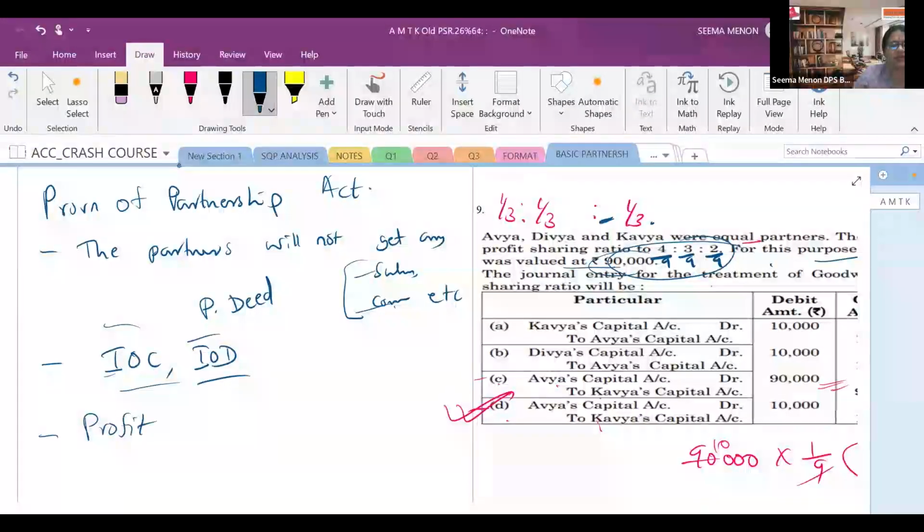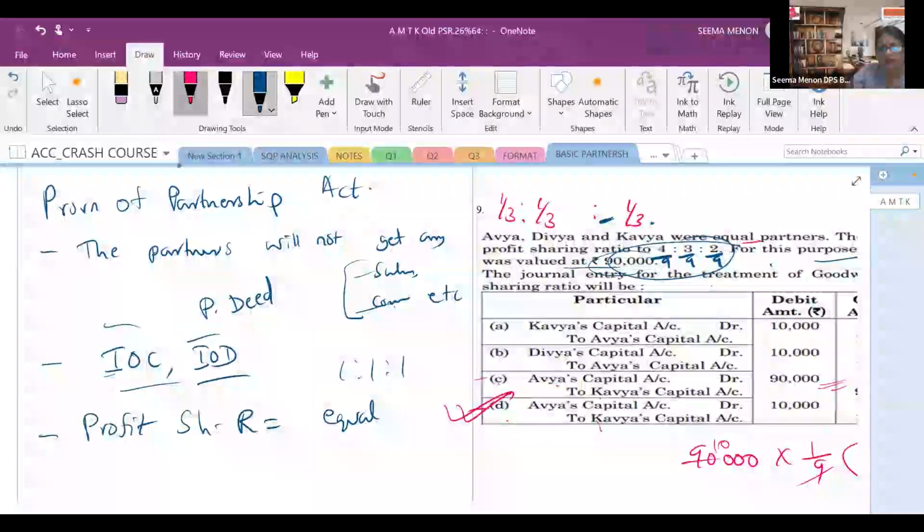If nothing is mentioned in the question or the deed, the profit sharing ratio will always be equal. 3 partners, 1:1:1. That means 1/3, 1/3, and 1/3. 5 partners, that is 1:1:1:1:1. That is 1/5, 1/5 each. It will be divided equally for everyone, if nothing is mentioned in the deed.